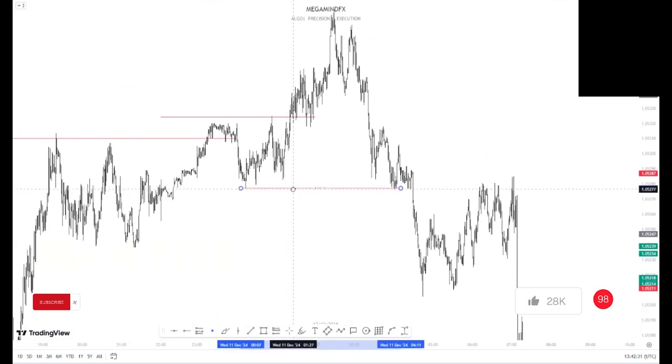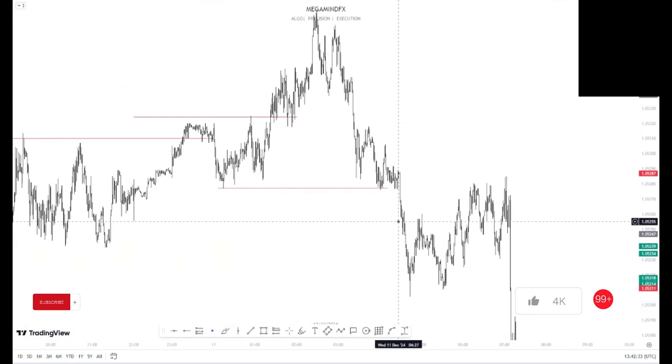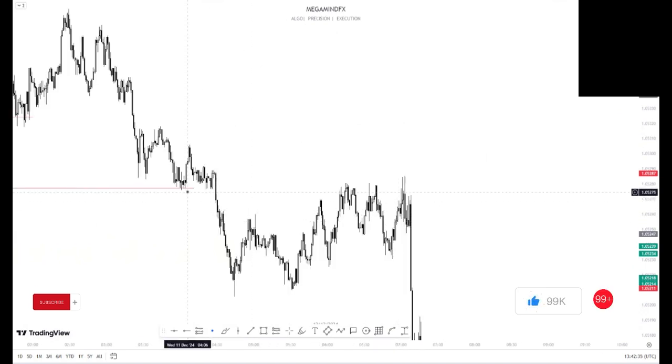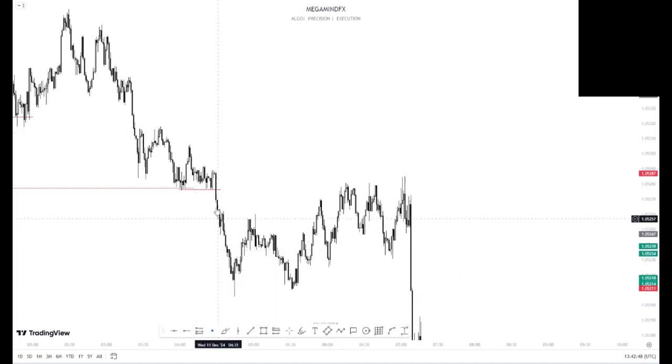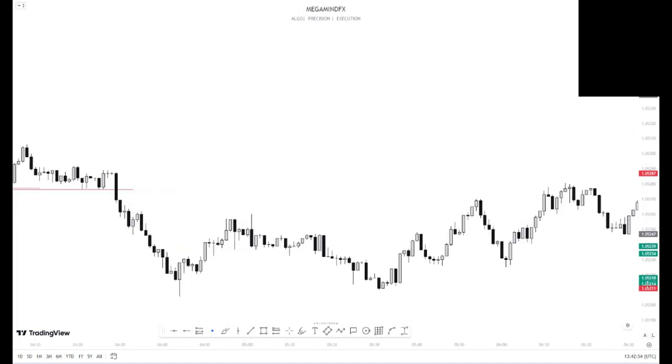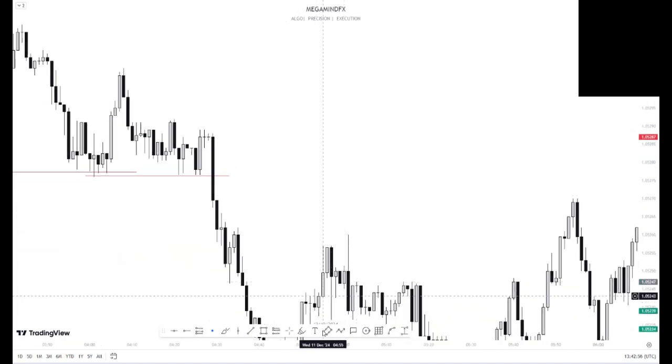So we have the first sweep here, correct? There was no trade because it's double engagement to trade here. So we have a second sweep here. Then we had this one. Let me zoom in. This was supposed to give us the third sweep.